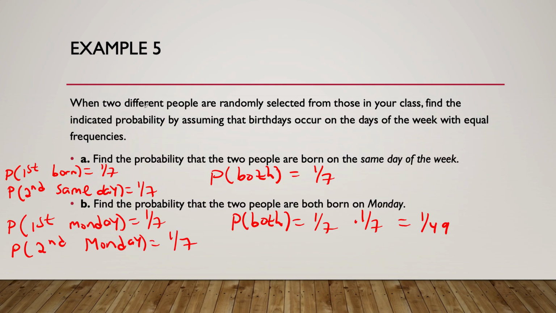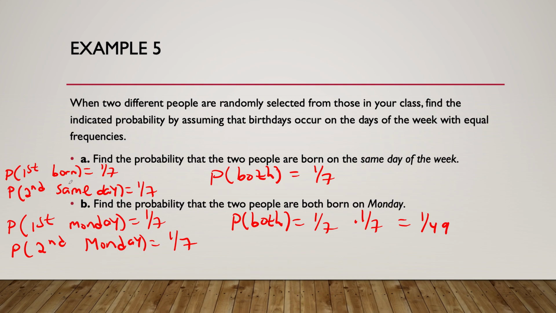When two different people are randomly selected from those in your class, find the indicated probability by assuming that birthdays occur on the days of the week with equal frequencies. We want the probability that two people are born on the same day of the week. Because we're just referring to the same day of the week, we are not attempting to note these as independent per se.